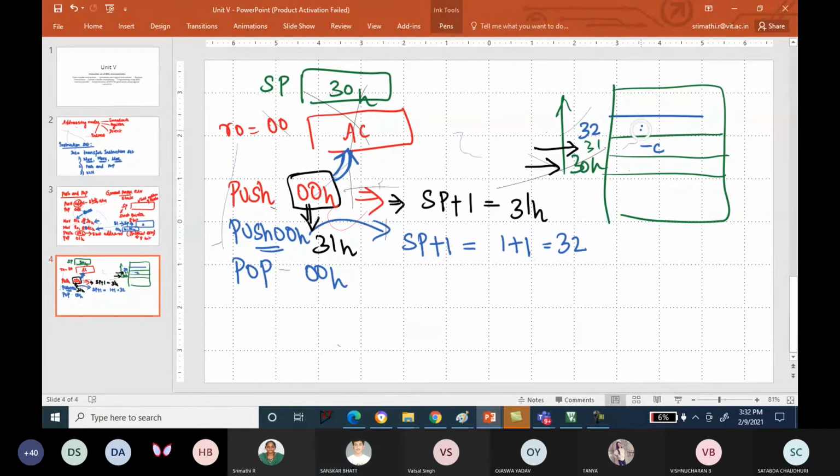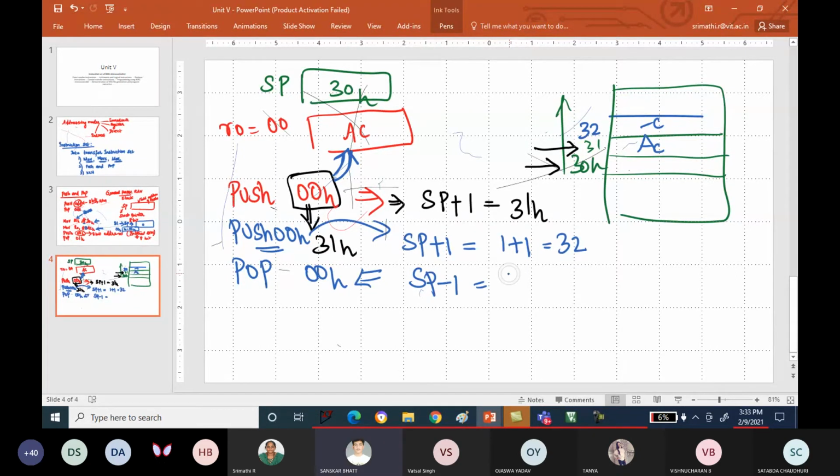Next instruction, I'm using pop 00H. Pop 00H is nothing but taking the data from the stack. As soon as it sees the pop instruction, your stack pointer will be decremented by 1. What is your current stack pointer value? 32.